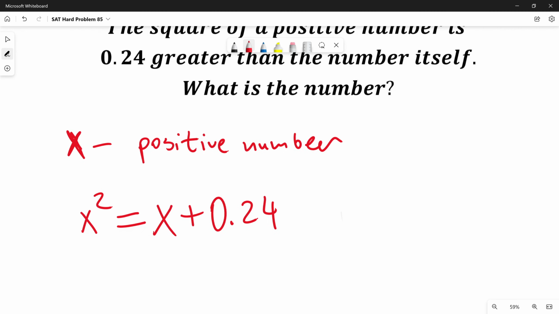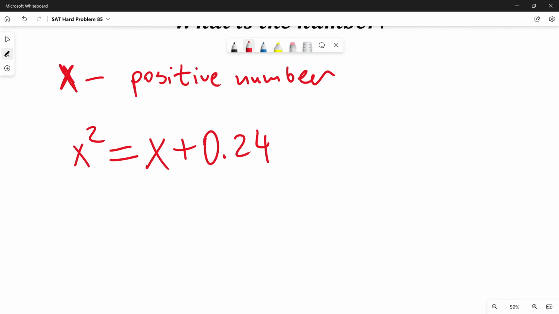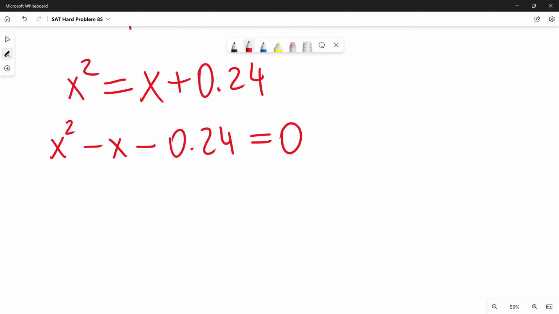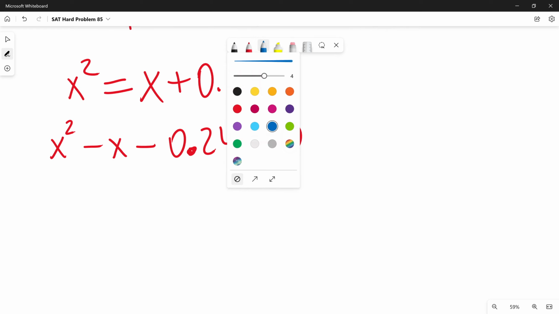So this is a quadratic equation. I can write this equation as x squared minus x minus 0.24 equals 0. Then I don't want to have 0.24, so I will multiply both sides by 100.